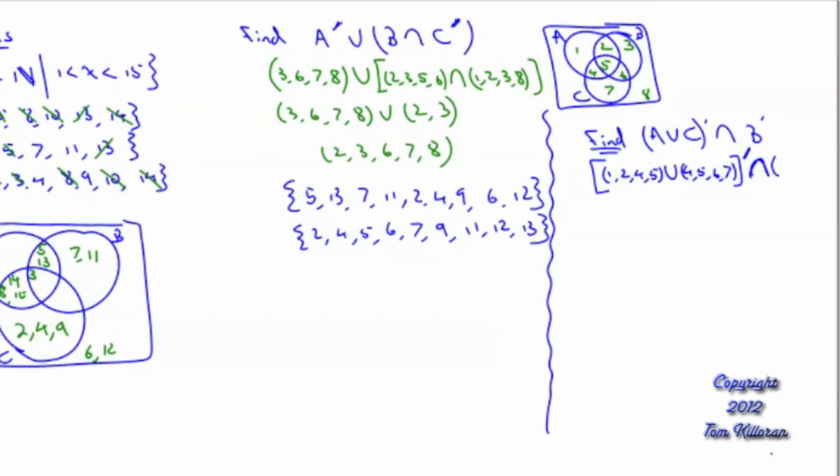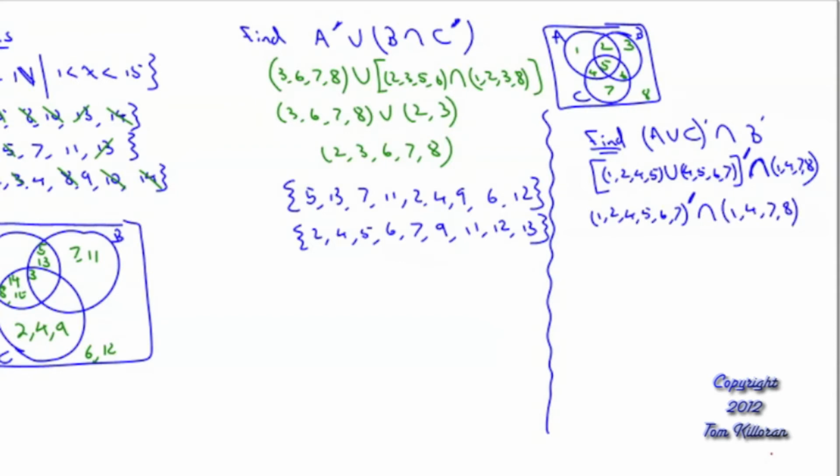Cover up B: 1, 4, 7, and 8. Now, you need to do the work inside the brackets first. How do you union? So you get 1, 2, 4, 5, 6, 7. But don't forget that complement, intersection with 1, 4, 7, and 8.